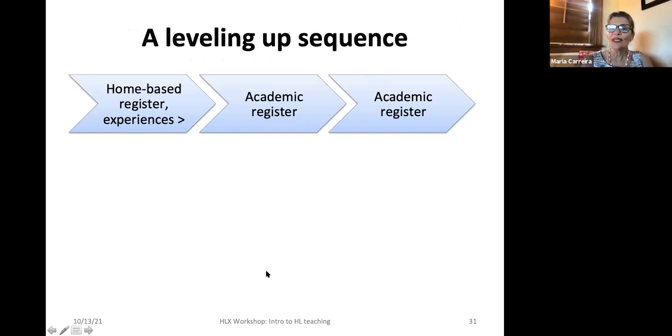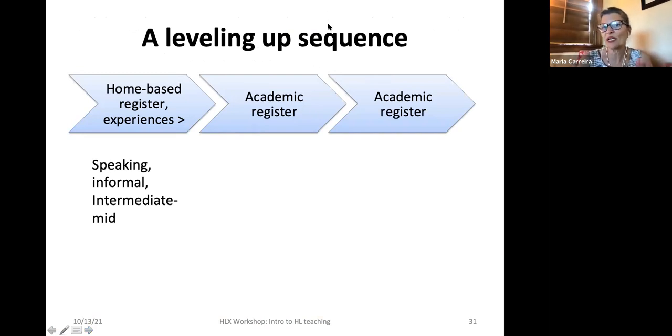Okay, so this gives us another leveling up sequence. And so we can use home-made registers and students' experiences to speak informally about a topic. In this case, we talked about travel, but it could be any number of topics at the intermediate mid-level. I'm choosing intermediate mid because that seems to be the level at which my students speak. But it doesn't have to be. You can change that.